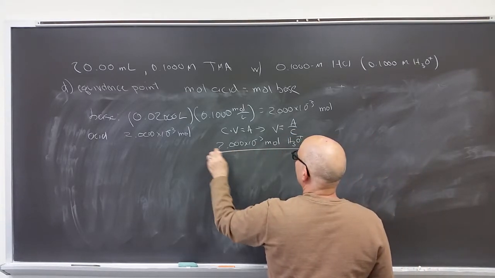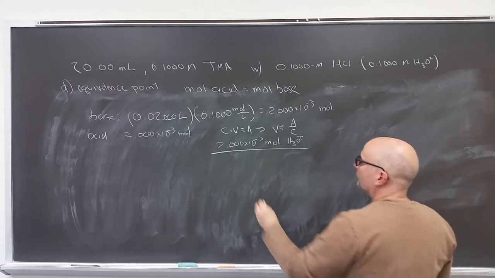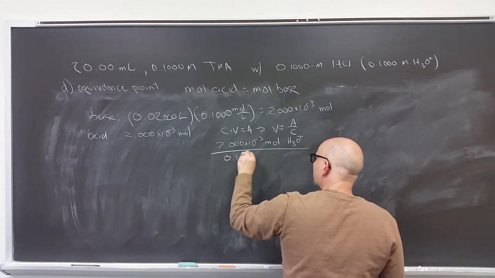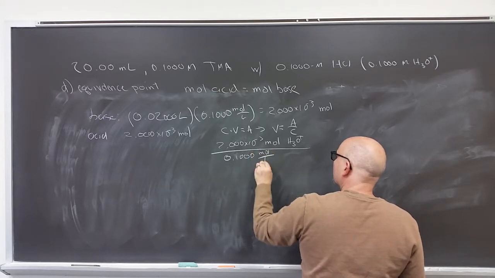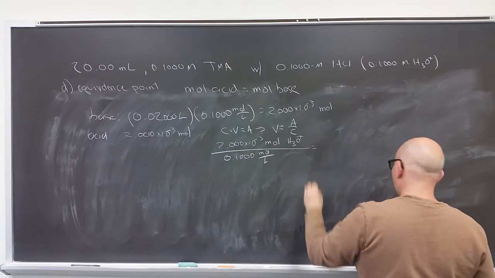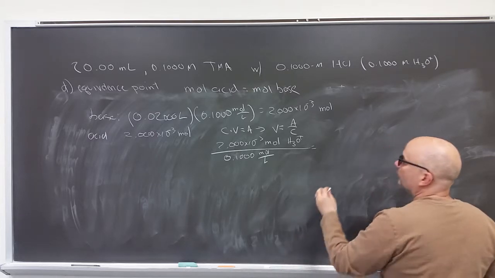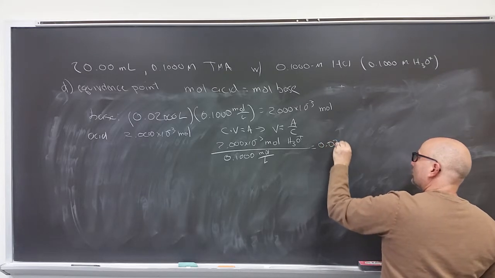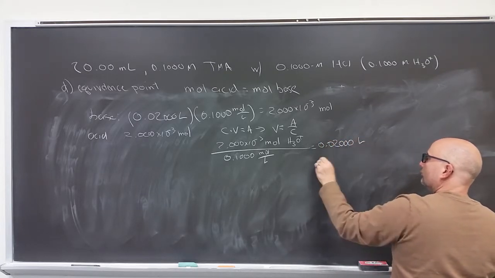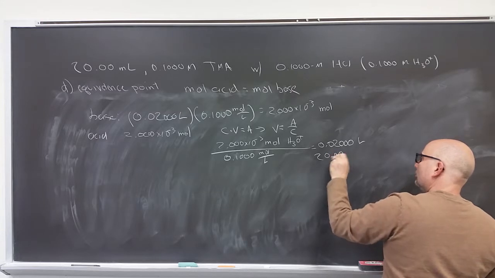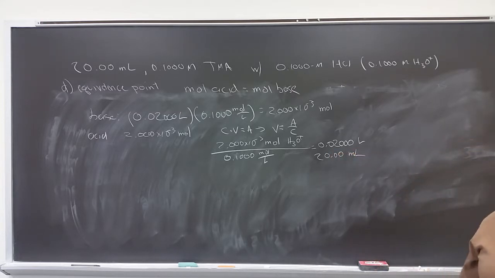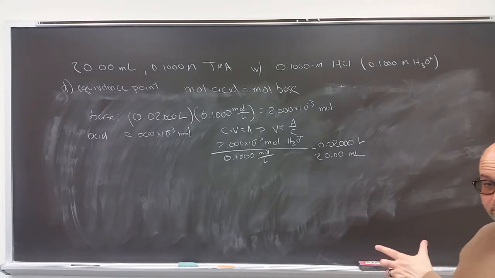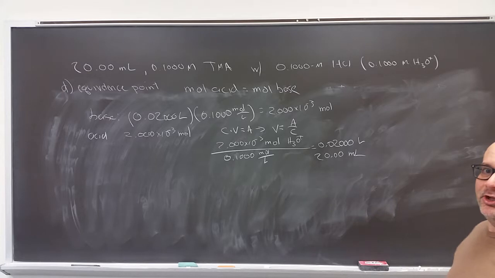It has a concentration of 1/10 mole per liter, and that is going to give us a volume of 0.02 liters, or 20 milliliters, which you may have guessed already because the base and the acid were the same concentration, so it shouldn't be surprising that you need equal volumes of each to get an equal amount of each.